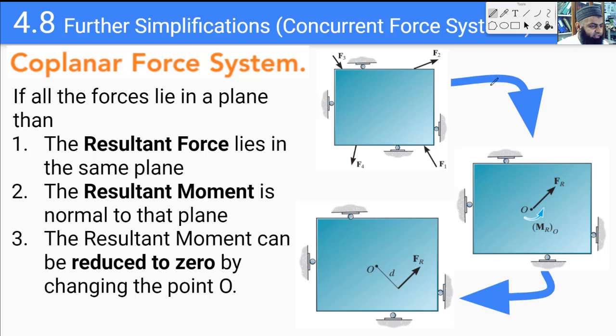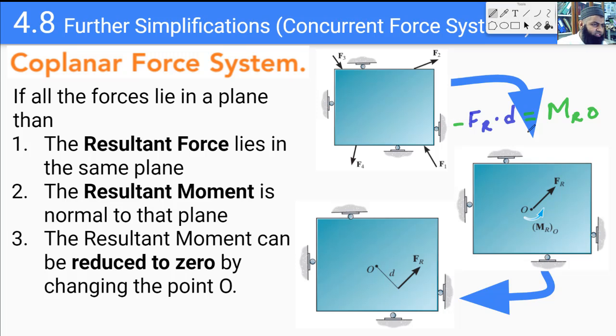Notice that we want this Fr, the magnitude of Fr times d, to be equal to the resultant couple moment. Actually, we want it to be in the opposite direction.